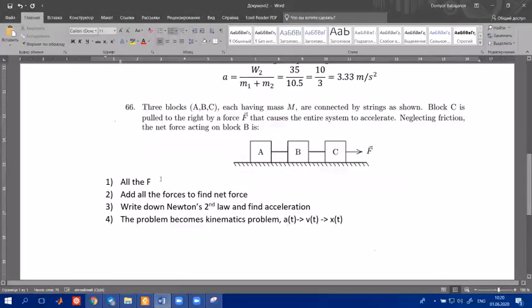The first step is to write down all the forces acting on all the bodies.